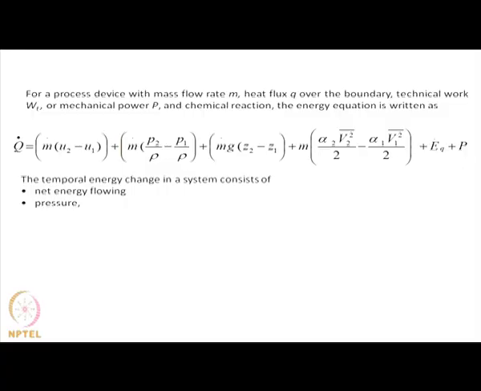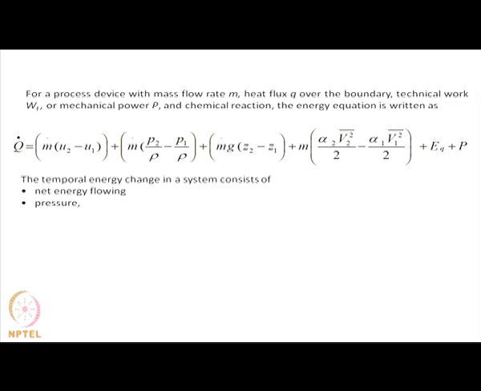The second bracketed term on the right hand side refers to pressure. So m dot times delta P tells you the contribution of pressure to the overall measure of energy of a system.